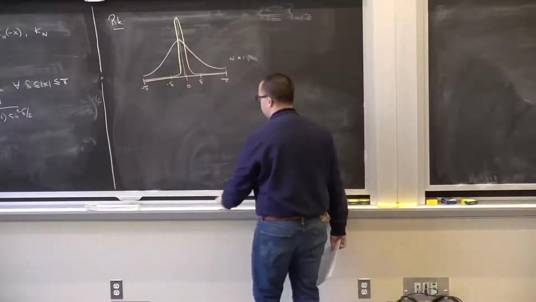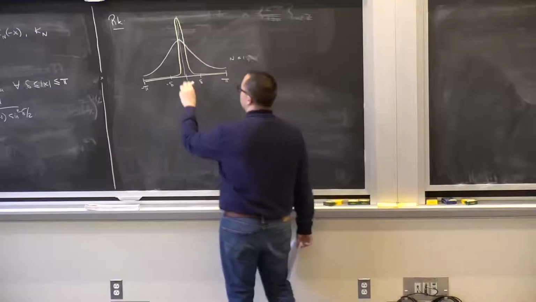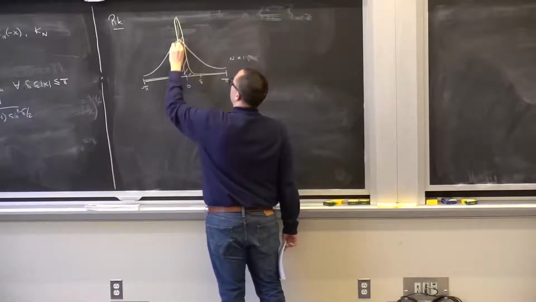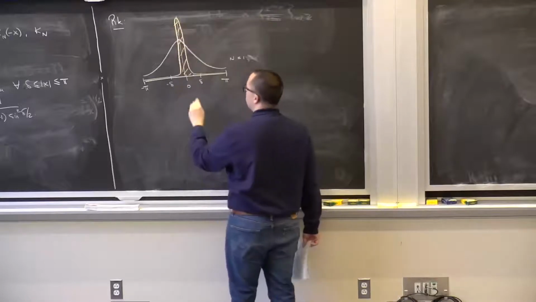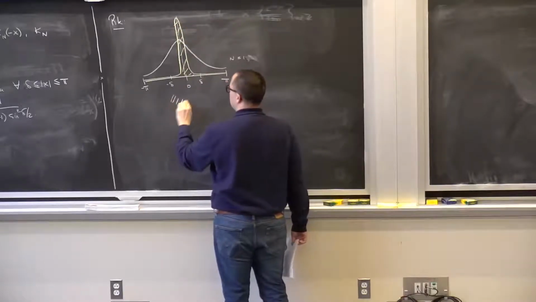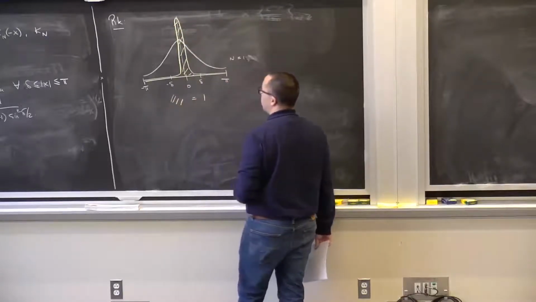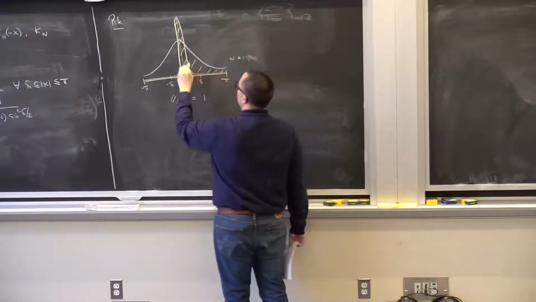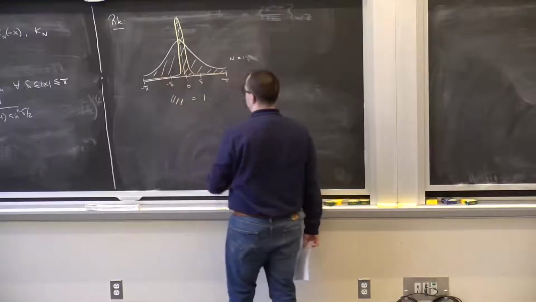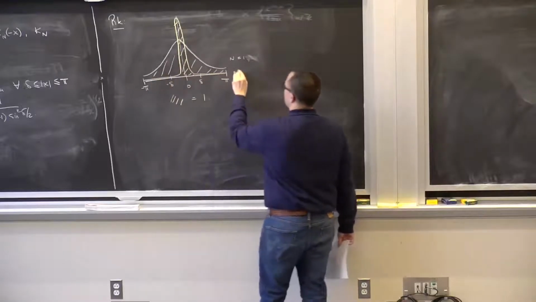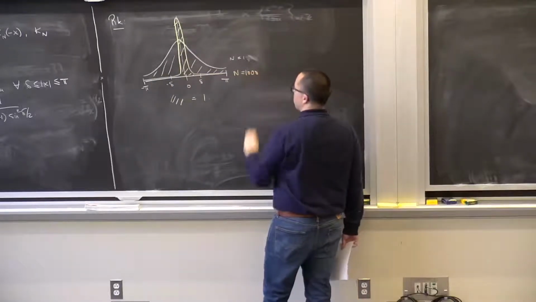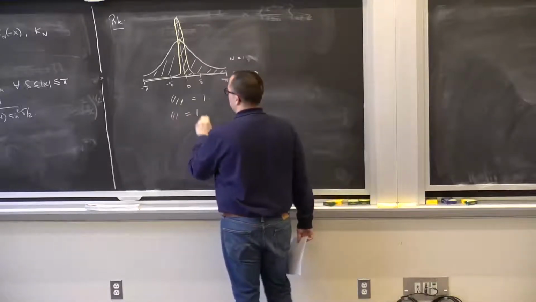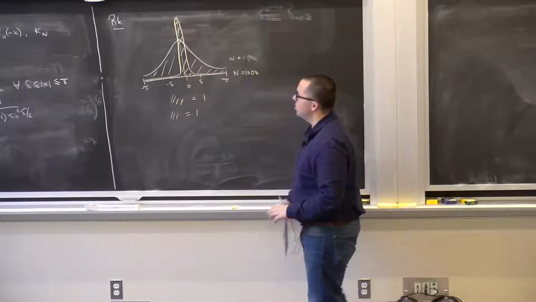But in such a way that the area underneath the graph, the integral, equals 1. And the same with what I drew in white, because white was supposed to be n equals 1, yellow n equals 1,000. The area is always 1.